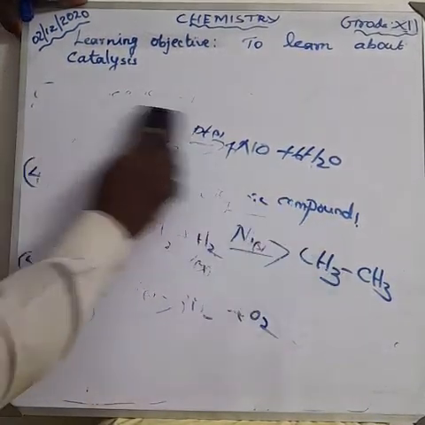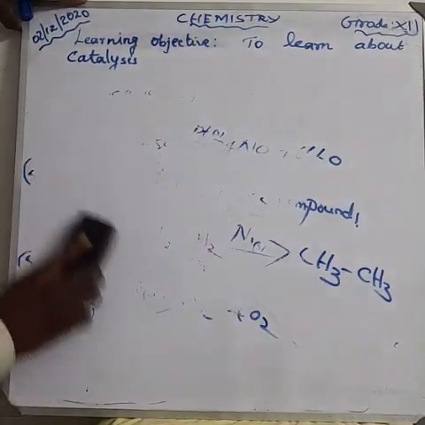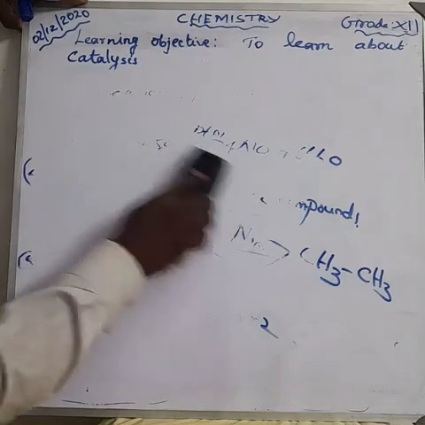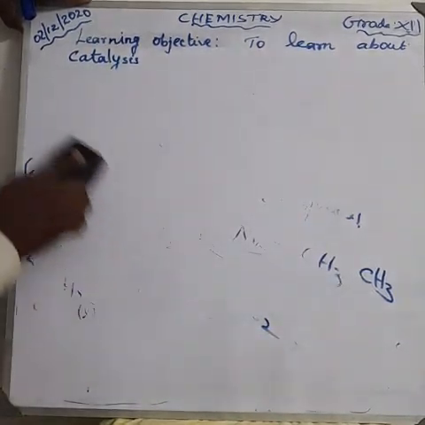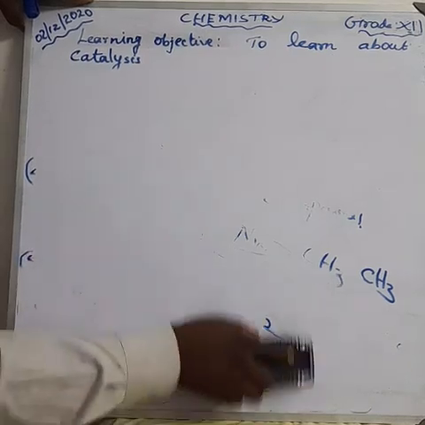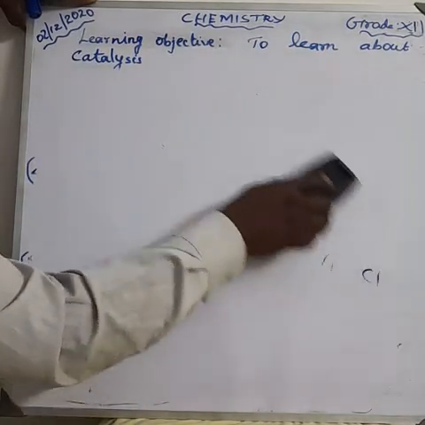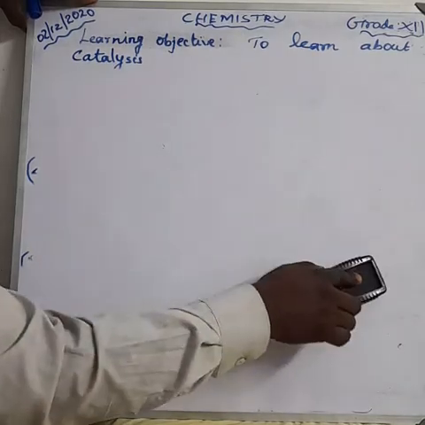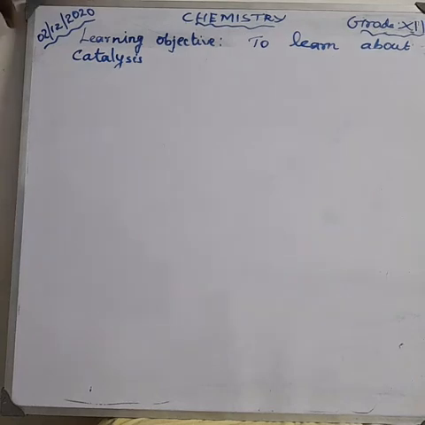The last equation: the reaction between benzene and acetyl chloride. We get, what is the catalyst we are using here? The presence of anhydrous aluminum chloride. Anhydrous aluminum chloride acts as a catalyst.